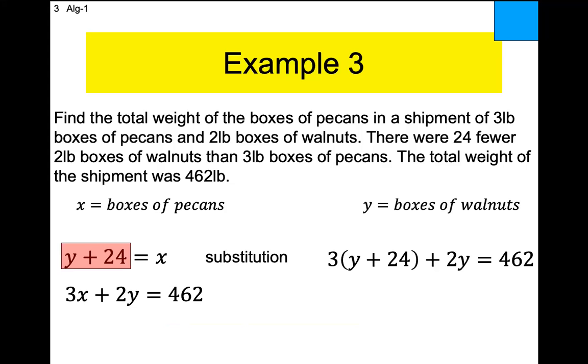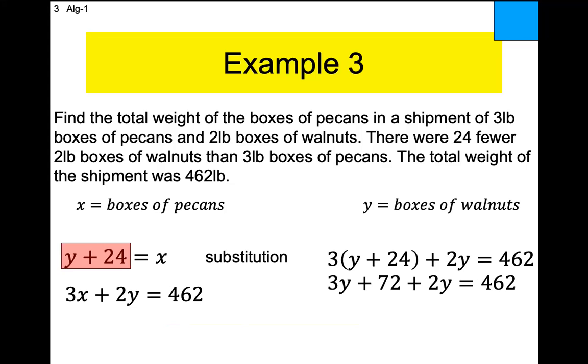Okay, a little ugly, but we can handle this one. First step: distribute property, right? What do we get? 3Y plus a big number, 72. Is that right? Yeah, that's right. Anything else to group together?